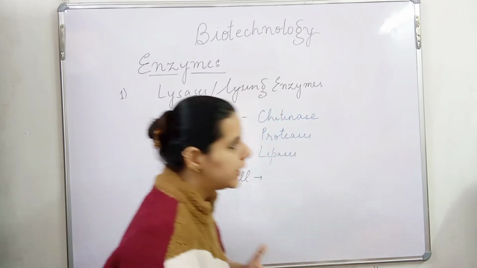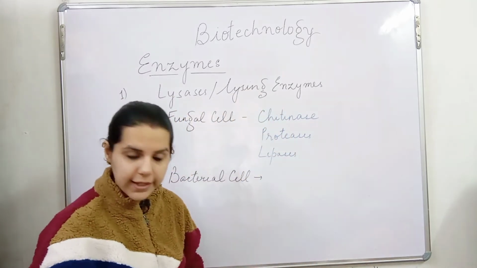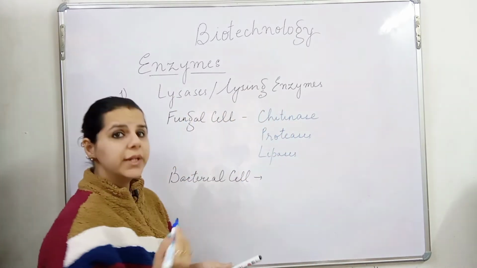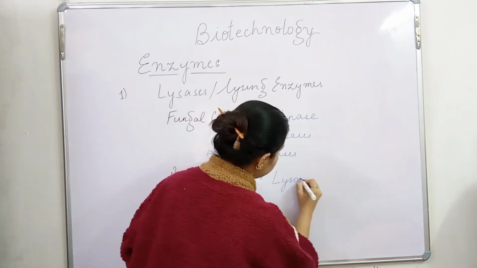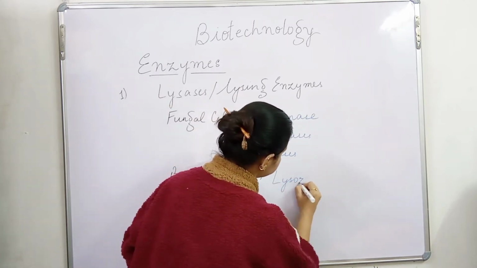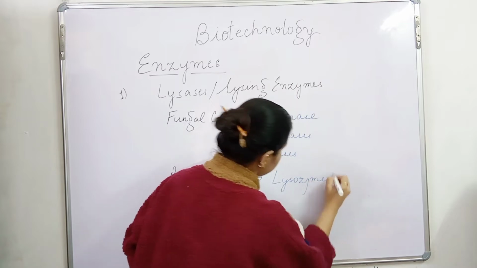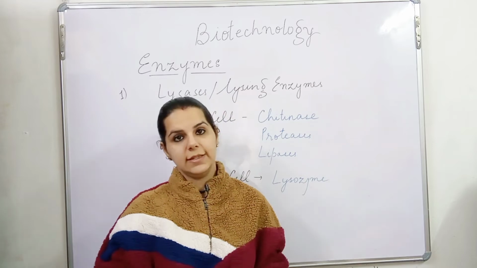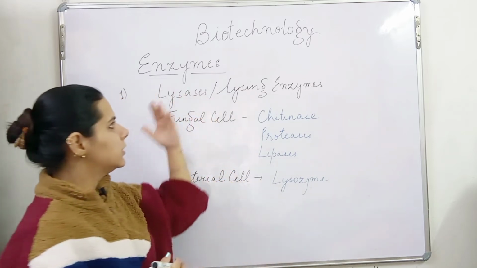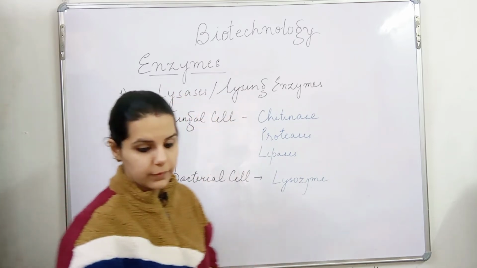So instead of taking into account all the others, we are straight away going to use this lysozyme enzyme for the breakdown of the bacterial cell. So this is about the lysing enzymes.